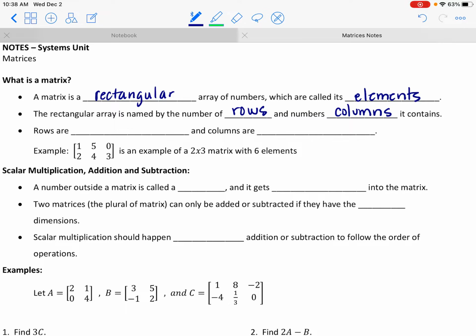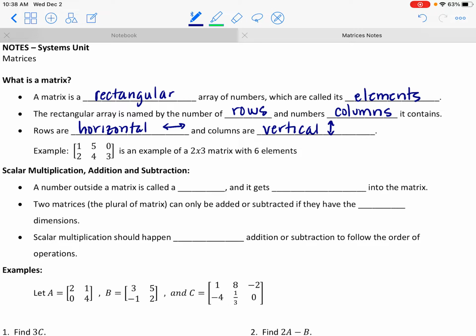It's rows by columns. It's going to help as we move along into the multiplication, where rows are the horizontal. Think about someone rowing a boat on a lake. They're rowing horizontally along the lake. So rows are horizontal, that is the side to side dimension. And then columns are vertical, so that is the up and down dimension.